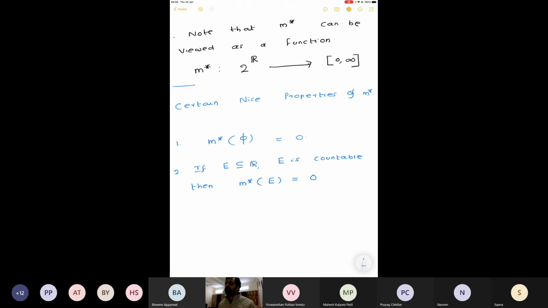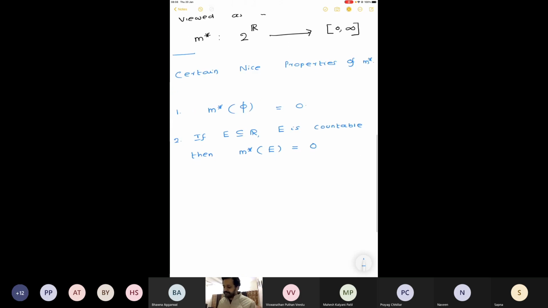Since Q is known to be countable, M star of Q is 0. So as far as Lebesgue outer measure is concerned, countable sets are negligible. Their measure is 0.